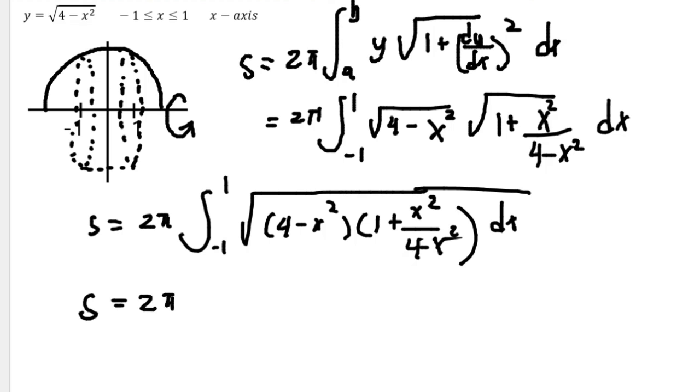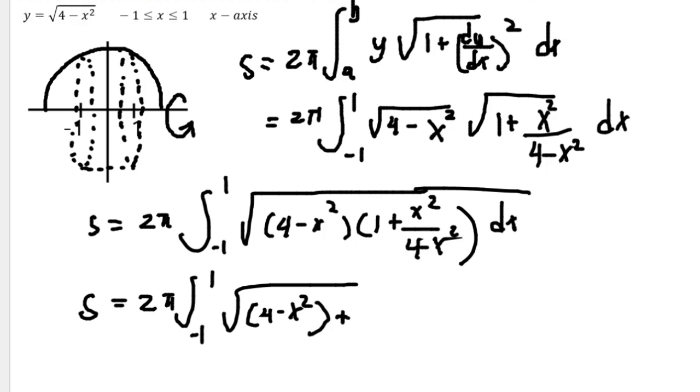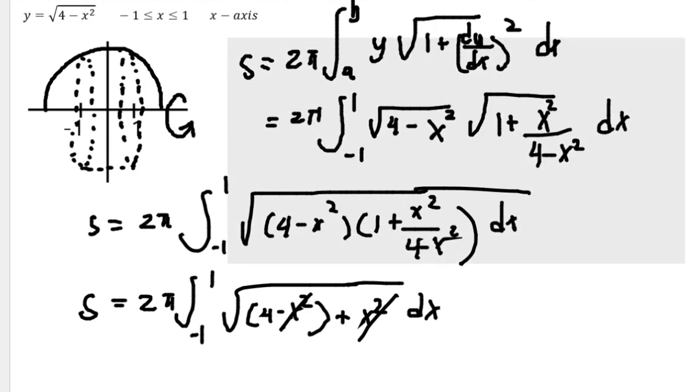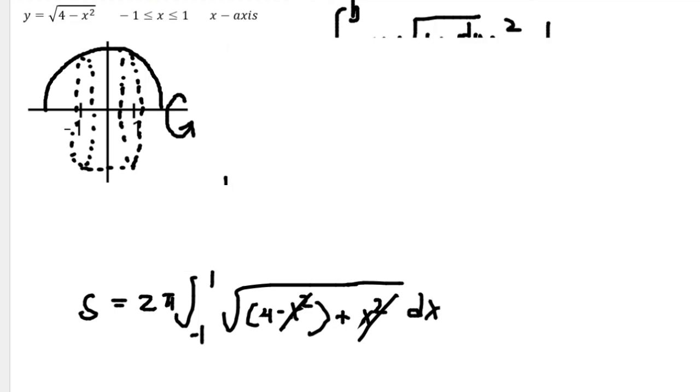So that s equals to 2 pi integral from negative 1 to 1 and the square root of, okay, let's just distribute it. So we got 4 minus x squared, and 4 minus x squared will cancel, leaving us with x squared. And then we can see here that x squared will cancel. It leaves us with the square root of 4. So 4 is a perfect square, so we can just make it as 2.